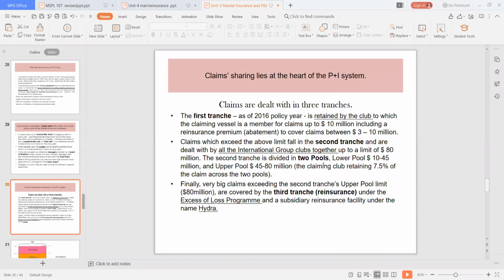The second tranche is divided into two pools, the lower pool, right, and the upper pool: $10 to $45 million, $40 to $80 million. See this? Finally, very big claims exceeding the second tranche upper pool limit are covered by the third tranche reinsurance under the excess of loss program and a subsidiary reinsurance facility under the name Hydra. So, reinsurance and Hydra are important in claims.